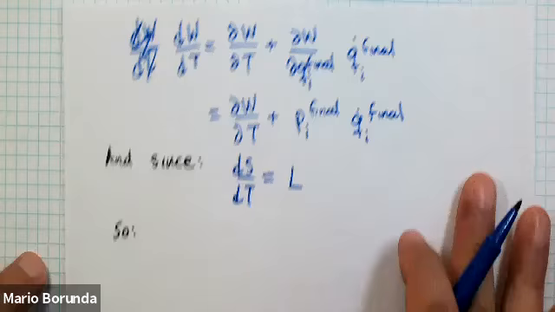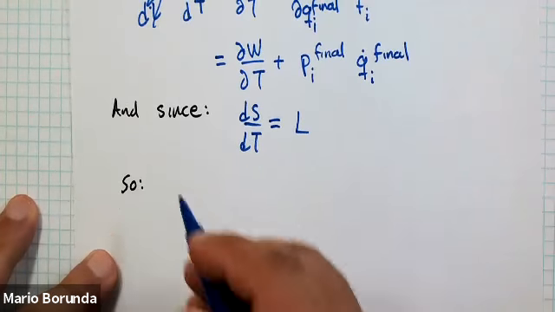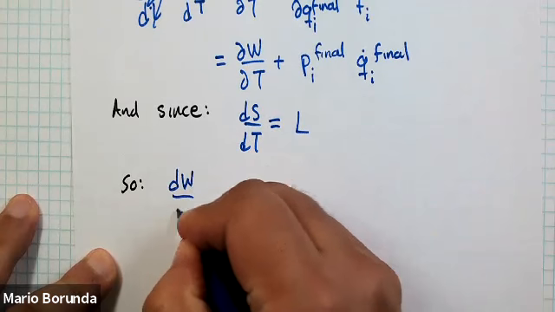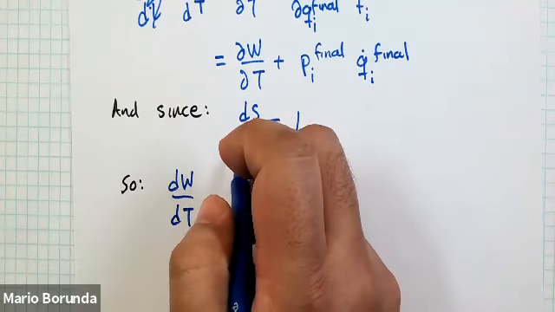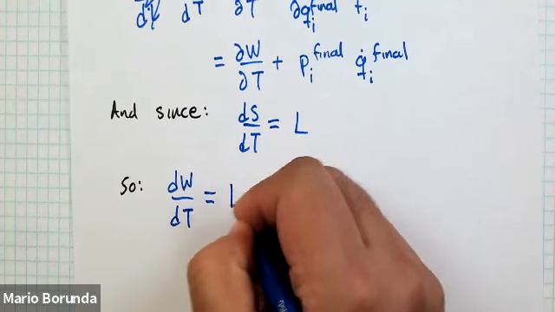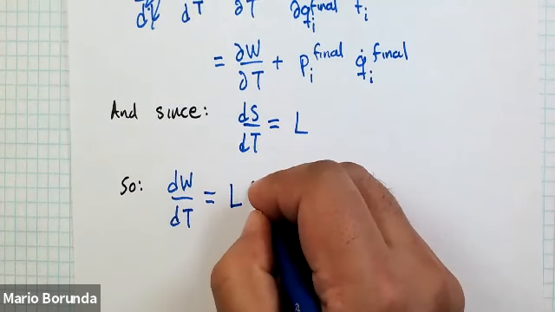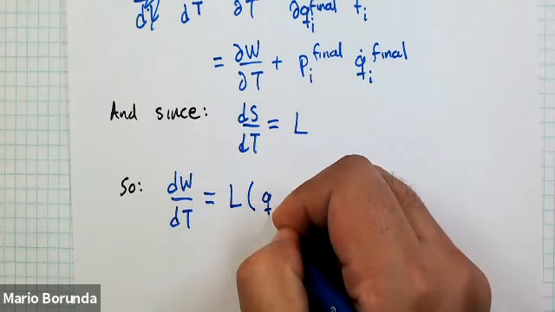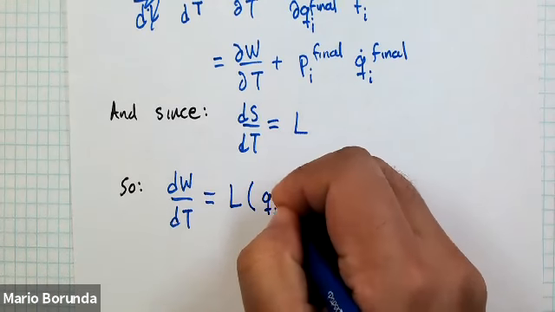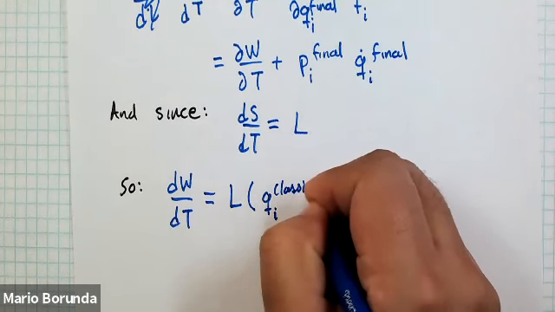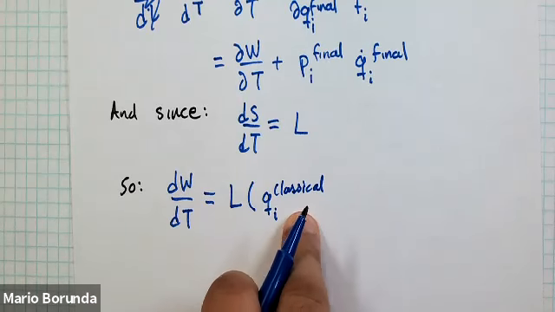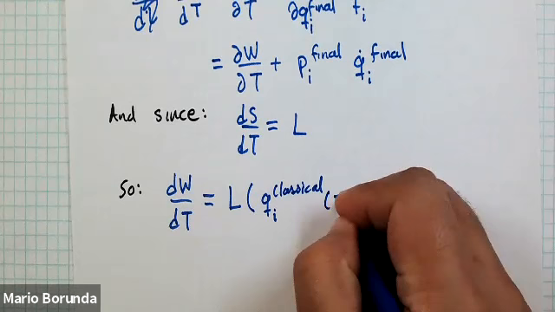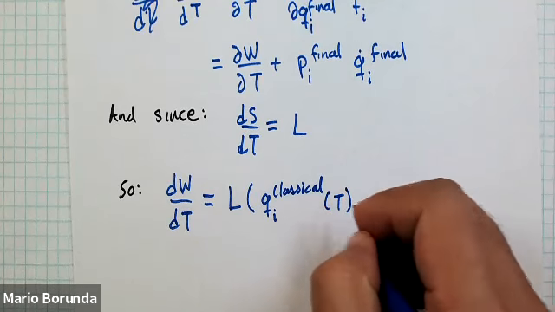So let me rewrite this, dW with t is equal to the Lagrangian that depends on q. I have to be careful now, right? This depends on the classical q and the final time.